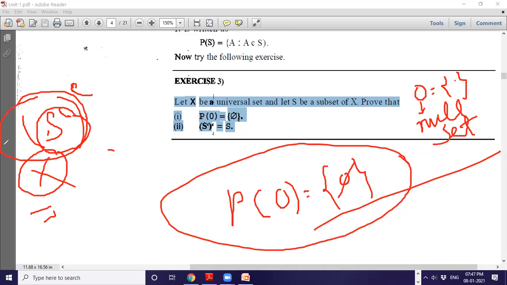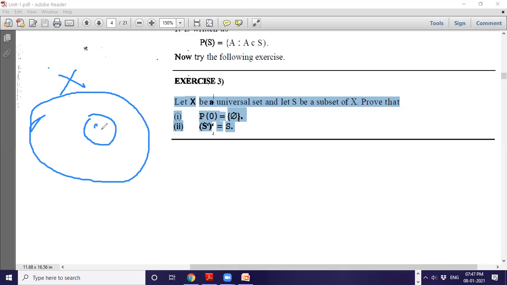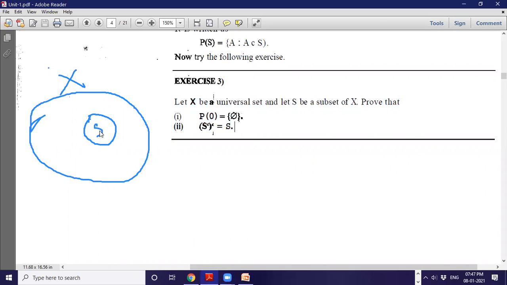See, I am going to use the Venn diagram. That will be more clear for you. We make a Venn diagram, okay? This is our universal set X, and inside it this one is S. So if this is S and this is X, which portion will represent SC?